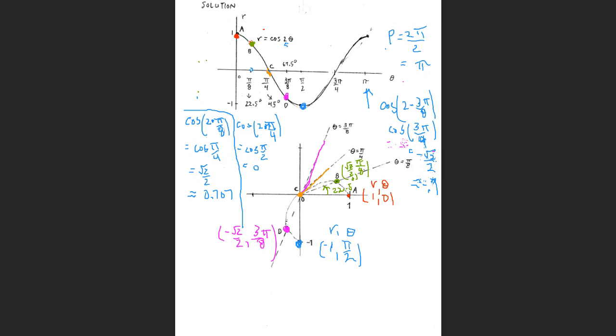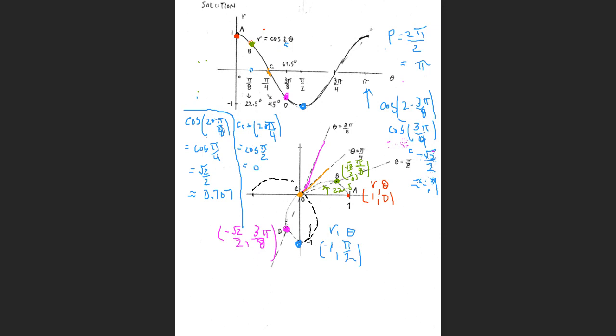And if you just keep tracing out the graph, that's going to get you to here. But if you want to get the full picture, you've got to go out another cycle of this cosine of 2 theta.